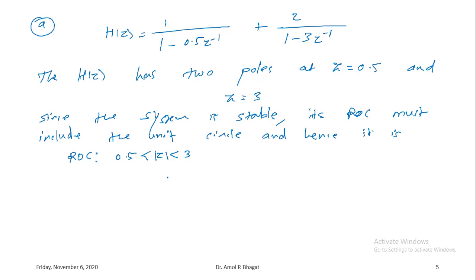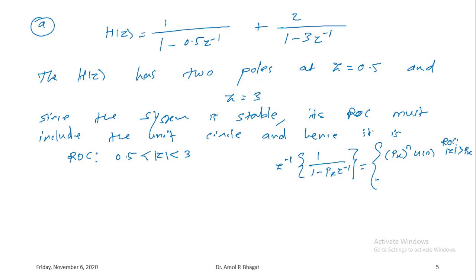When we saw partial fraction expansion, if you have terms of the form 1 upon 1 minus pk Z inverse, then its inverse Z transform can be pk raised to the power n u of n if the ROC is exterior, that is, the ROC condition is mod Z greater than pk.